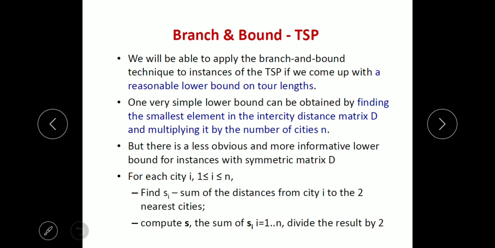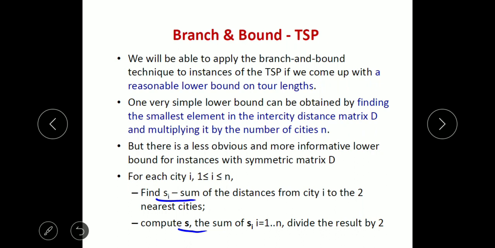Here we try to find the sum denoted by s_i, which is the sum of distances from city i to the two nearest cities. Then we compute S, which is the sum of these n numbers, and divide it by 2 to get the result.